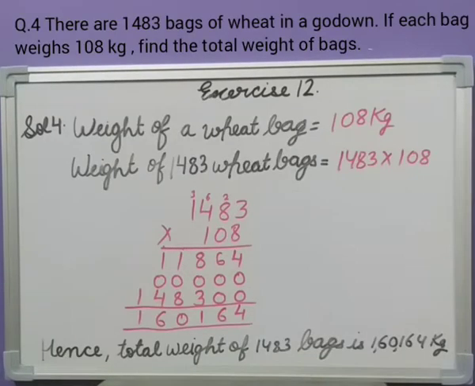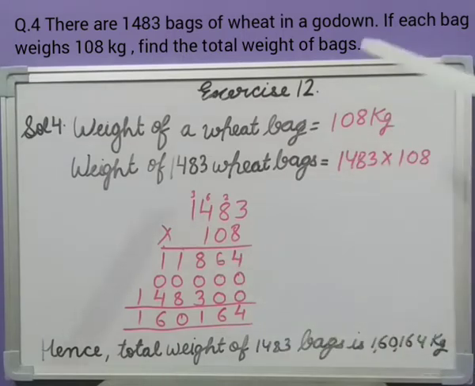Question number 4. There are 1,483 bags of wheat in a godown. If each bag weighs 108 kilogram, find the total weight of these bags. Now, weight of a wheat bag is given, that is 108 kilogram. We have to find out the weight of 1,483 wheat bags.